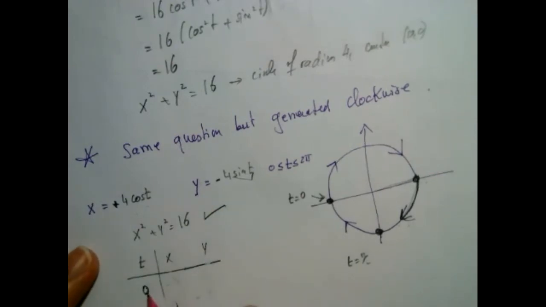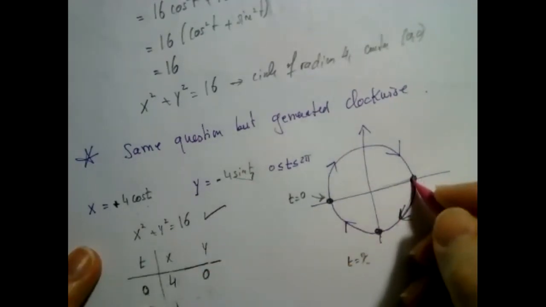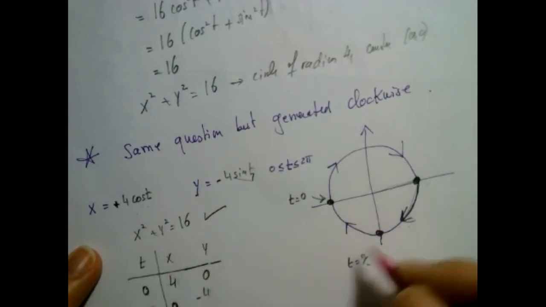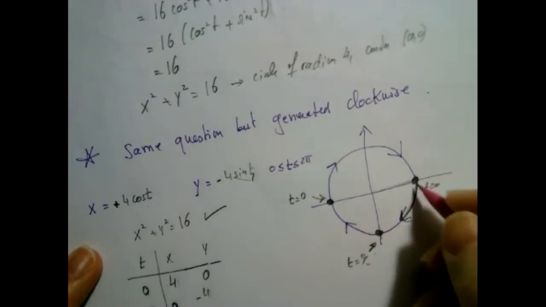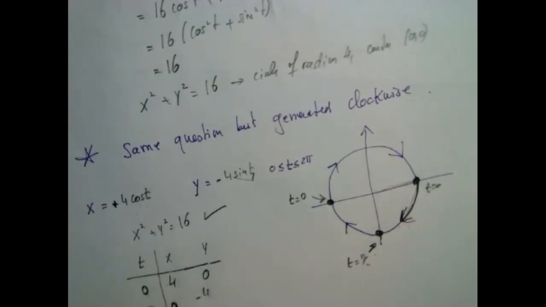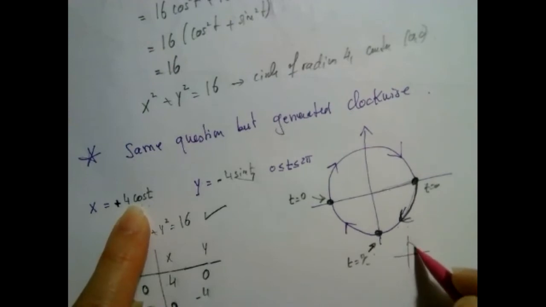Okay, at t equal to 0, 4 cosine gives me the 4, and that's a 0. So I'm starting here. At pi over 2, that's giving me a 0, and that's giving me a minus 4. So at pi over 2, I am right here. At t equal to 0, I am right here. And in between 0 and pi over 2, I know the cosine is positive.